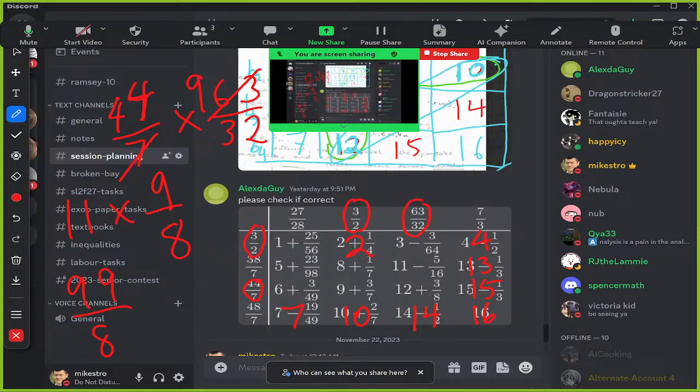What's 99/8? Oh, like what does it round to at least? Yeah, it rounds to 12. And what is it? So it's 12 and how many eighths?